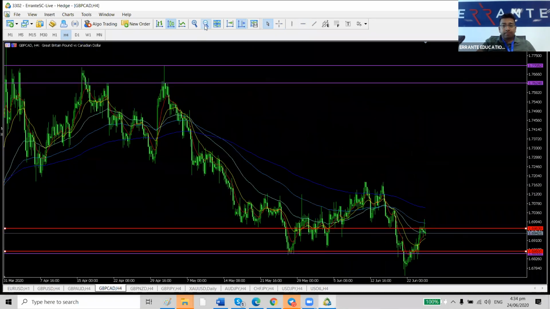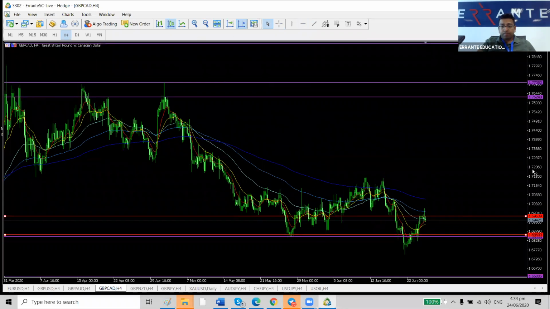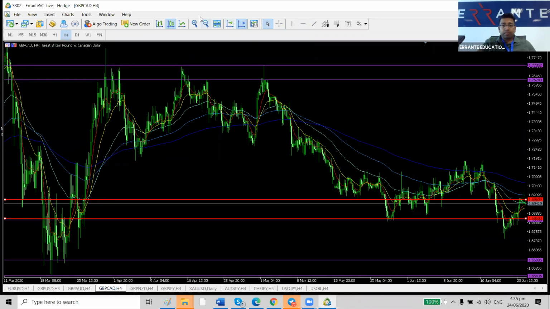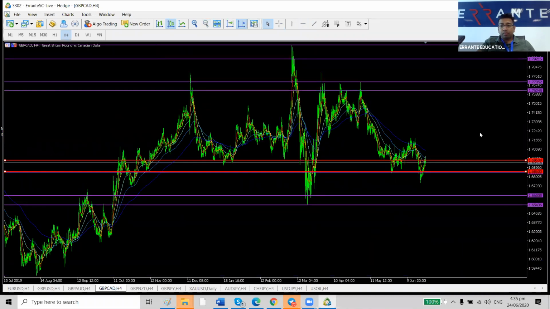GBPCAD. It's also possible to draw a triangle as well.